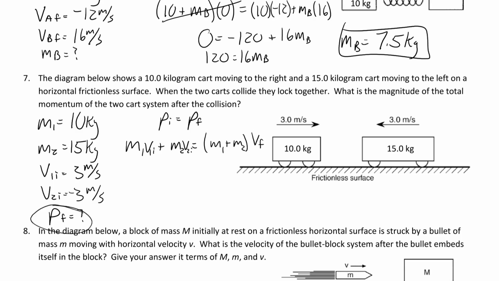Maybe you did all that work and forgot what they were actually asking for was the total momentum PF. So instead of just having muscle memory and writing the equation, it's important to realize what we're talking about here. They're looking for the final momentum. So why even plug in all this stuff over here? Let's just keep this side of the equation the final momentum.